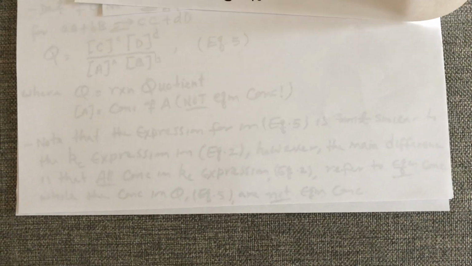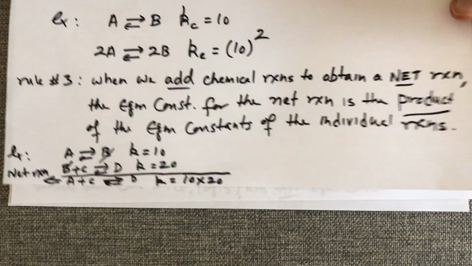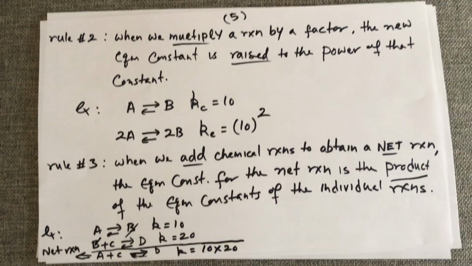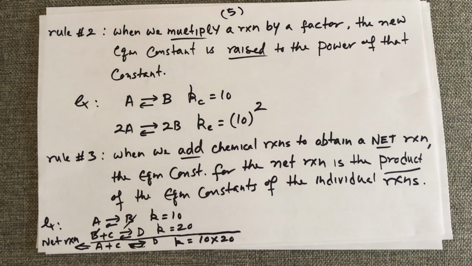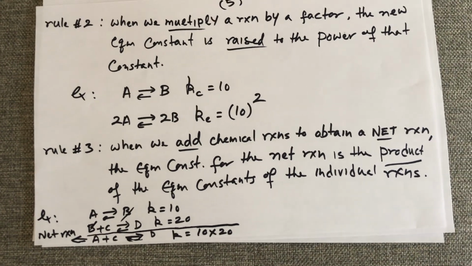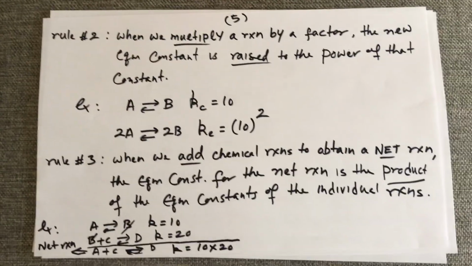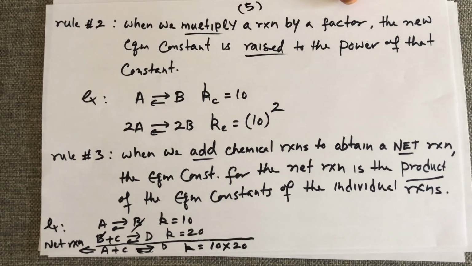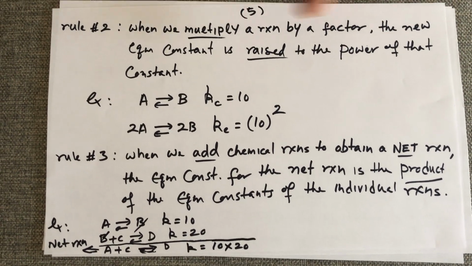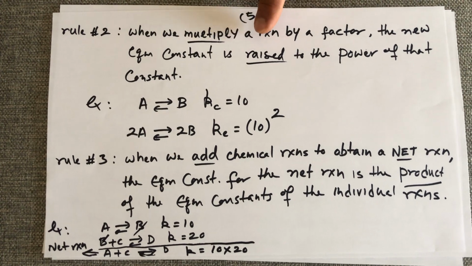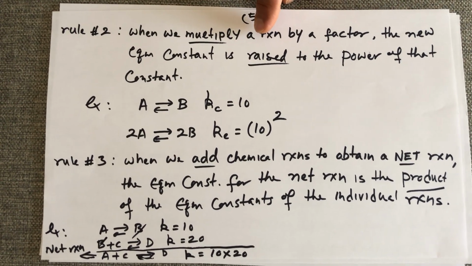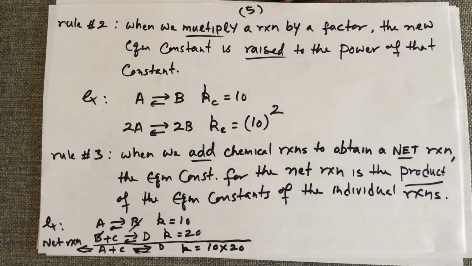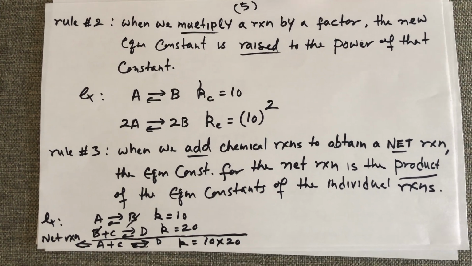Now let's get to rule number 2. Rule number 2 is about multiplying a reaction by a factor, and that is basically spelled out here. When we multiply a reaction by a constant factor, the new equilibrium constant is the old equilibrium constant raised to the power of that factor.